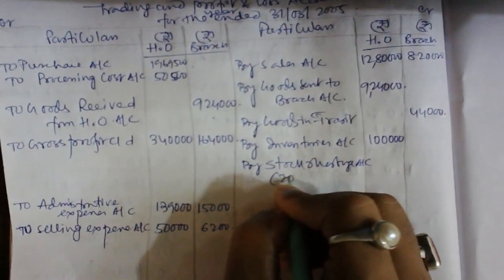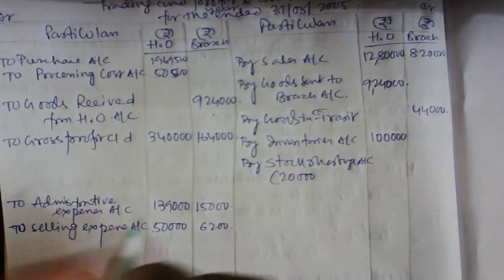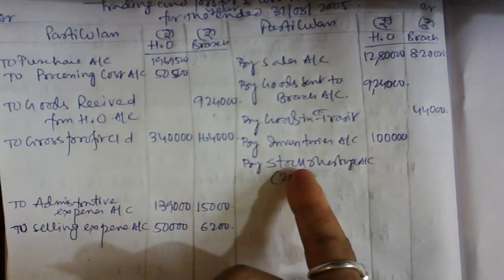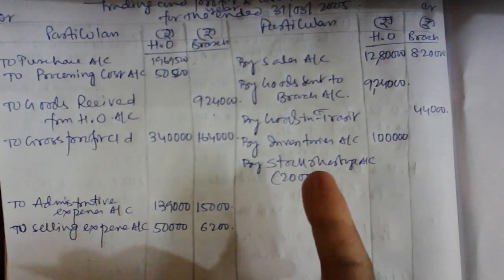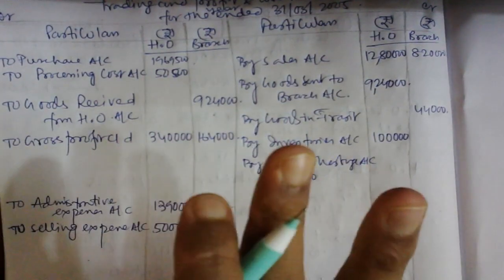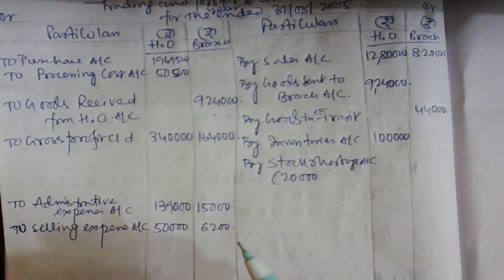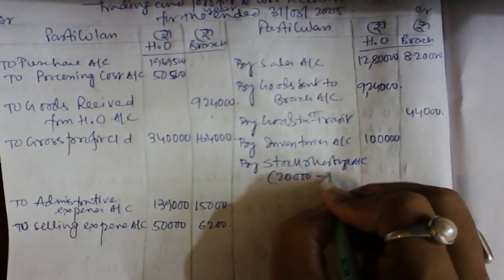So 20,000 is the selling price. We cannot show the profit here because it's a shortage, it's a loss. So we cannot show loss as a profit. We need to deduct 20% profit here.